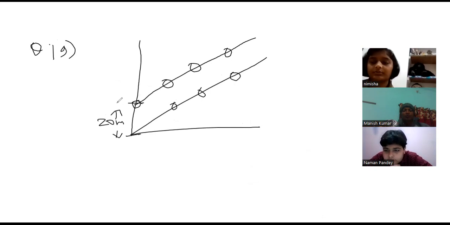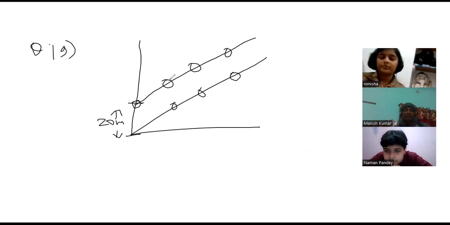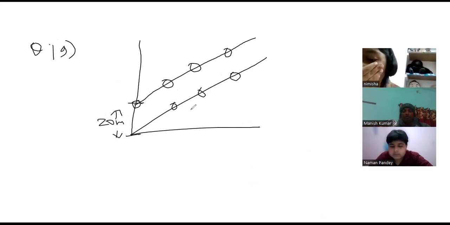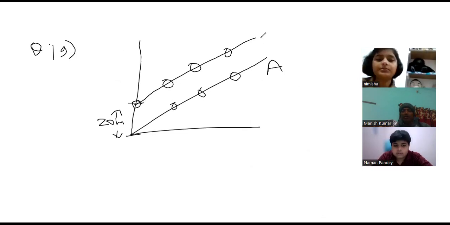So it is always covering, or having a speed of 20 meters more than the slower one. Let it be A and let it be B. So B is always faster. A is always 20 meters behind B, isn't it? B is 20 meters ahead.